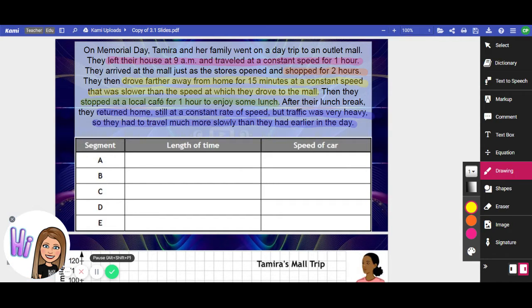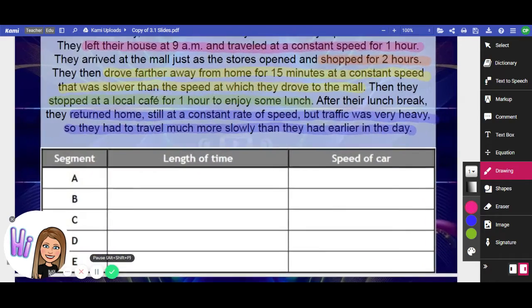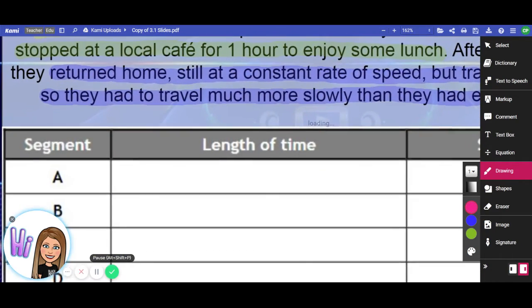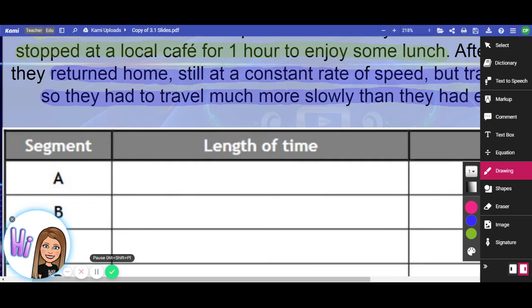So the first segment you'll see I have highlighted in pink, and it's that they left their house at 9 a.m. and traveled at a constant speed for 1 hour. So the length of time that they traveled was 1 hour.